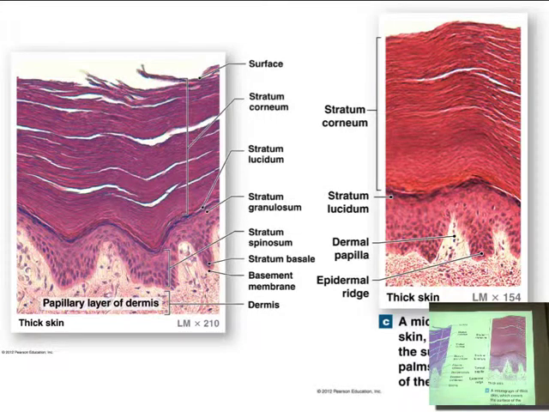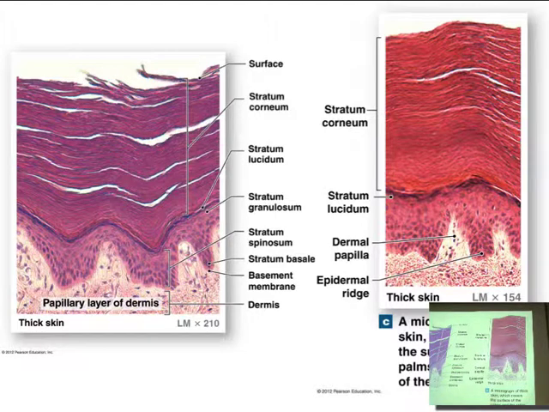Pardon me. Both of these together make the epidermis. This is the stratum corneum of the epidermis. This is the papillary layer of the epidermis, which also has sublevels that we're going to talk about in lecture tomorrow. But this stratum corneum is the dead cells. The papillary layer are the living cells in the epidermis. It's called the papillary layer because it's made up of all these little papilla.